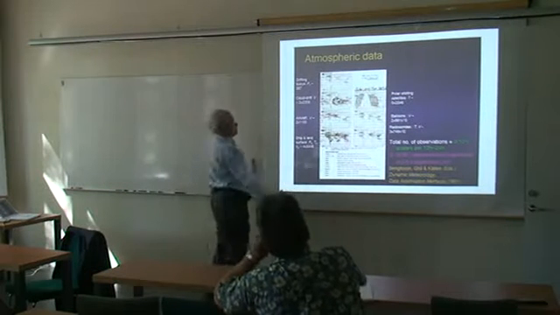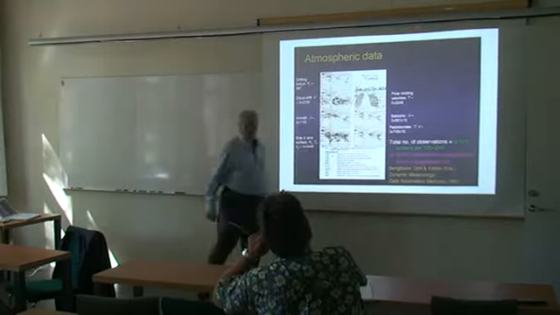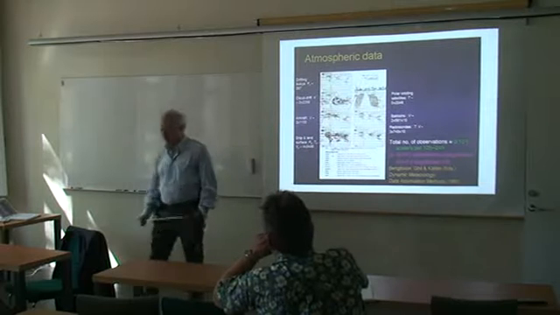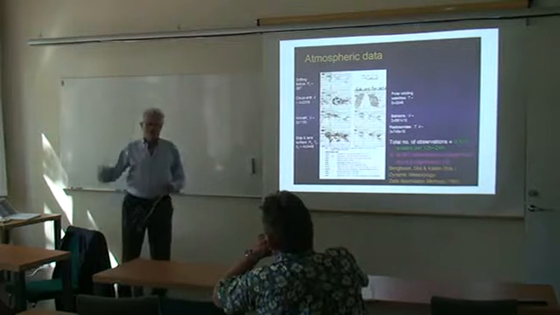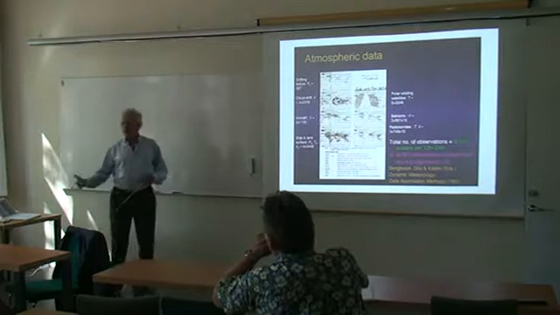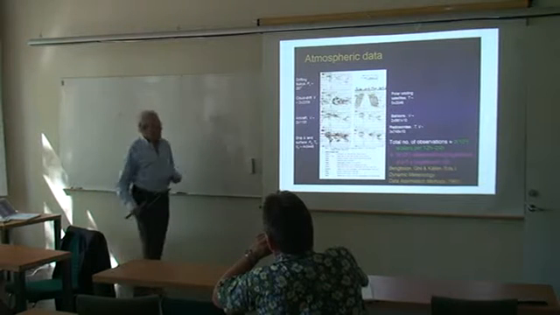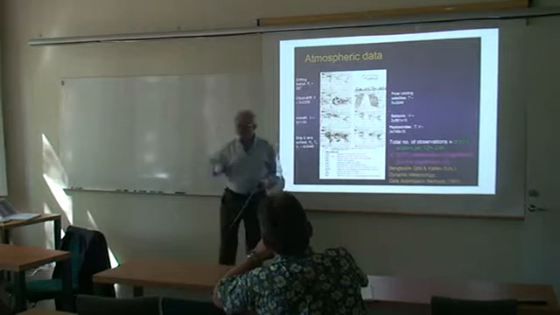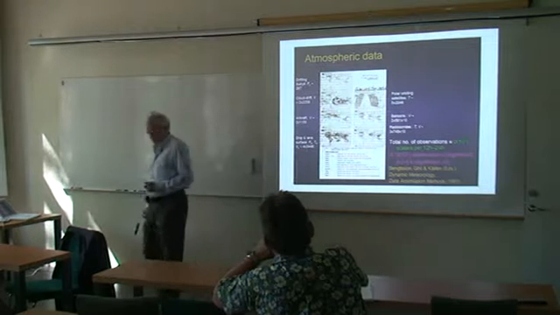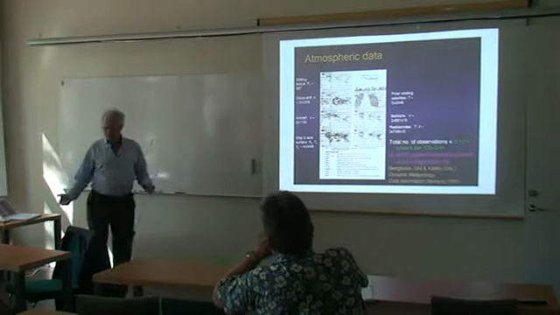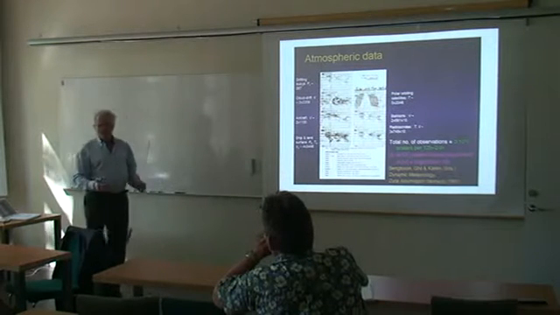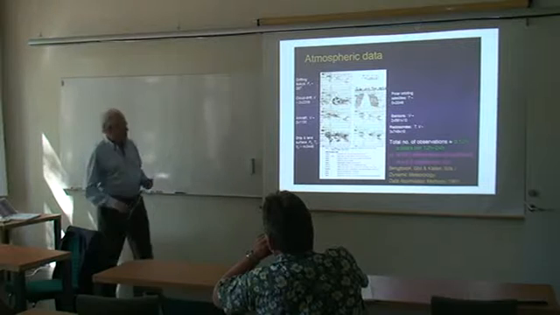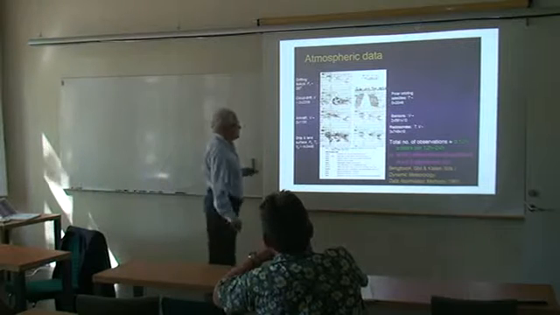For those of you who are too young to know, FGGE is a so-called second-order acronym. There was something called the Global Atmospheric Research Program, GARP, and FGGE was the First GARP Global Experiment. But then when there wasn't a second one, it was renamed the GWE, the Global Weather Experiment.